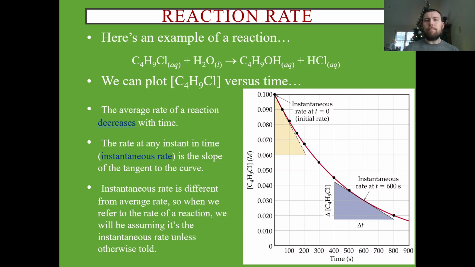So, like they have here, finding the instantaneous rate at time equals 0, that would be the initial rate of reaction, right? So if you're asked about rate, they're probably asking you to find the instantaneous rate of that particular reaction, okay?